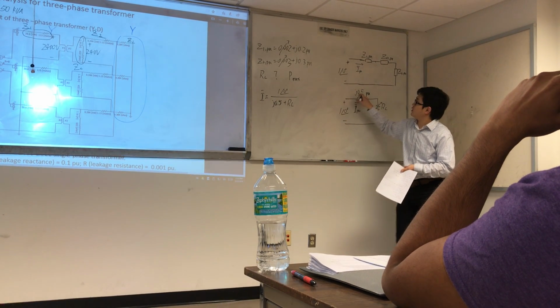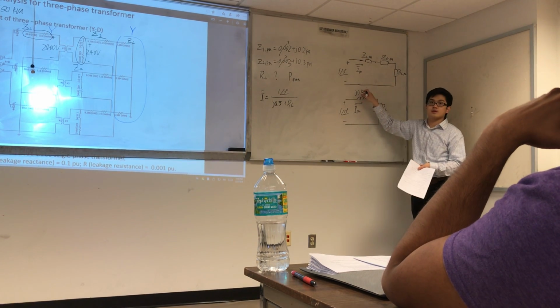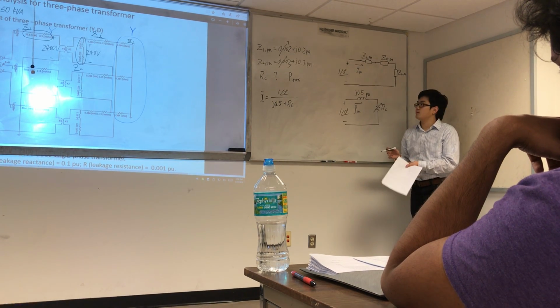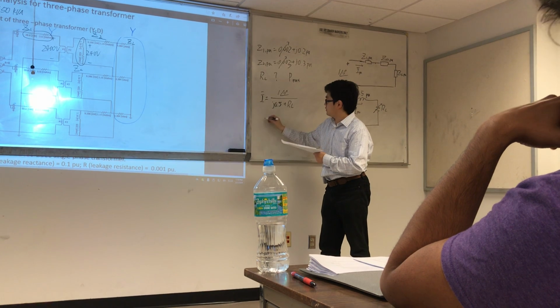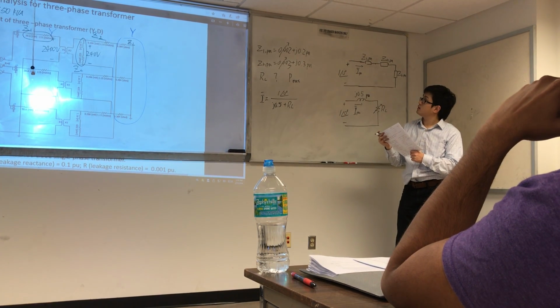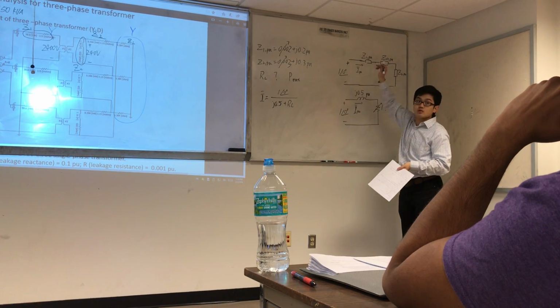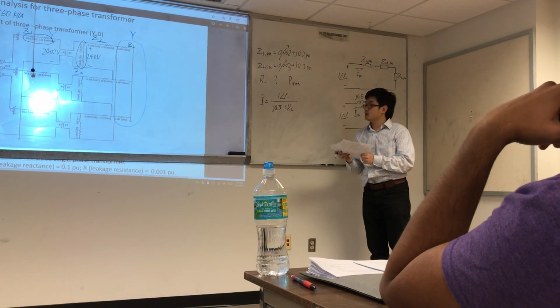Because this is Z1 plus Z2, so this is 0.5 per unit, and the real part is ignored by us. Z2 prime? No, when you use a per unit value, you don't need a prime. Prime is just for the real value. Okay.